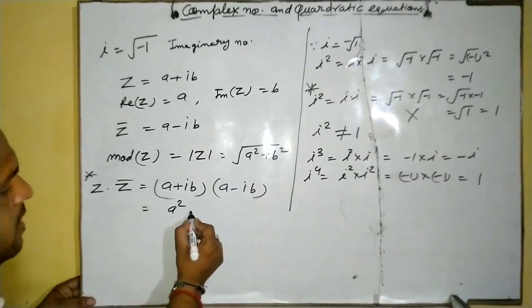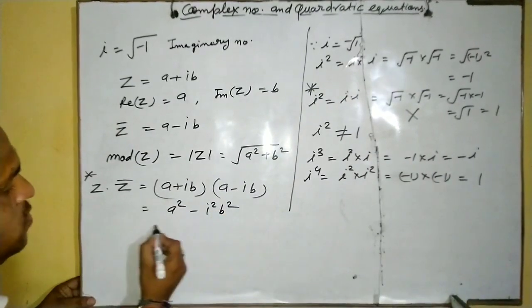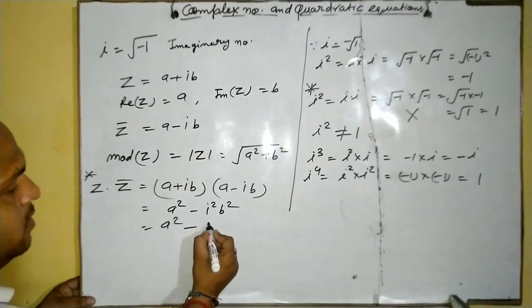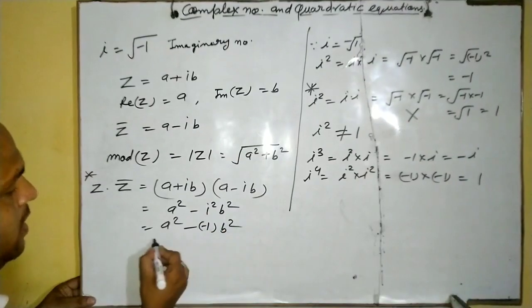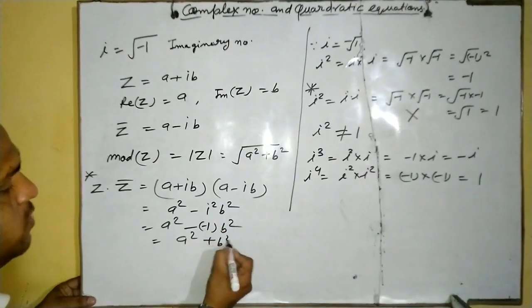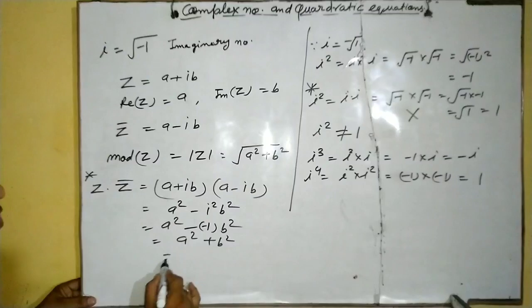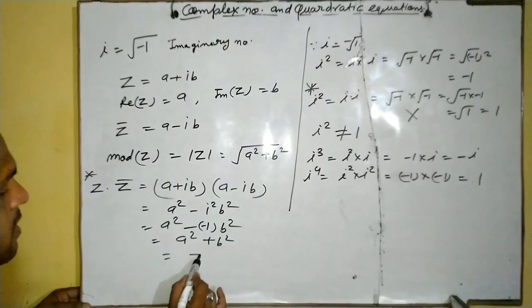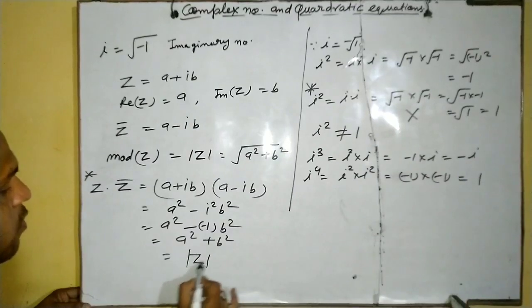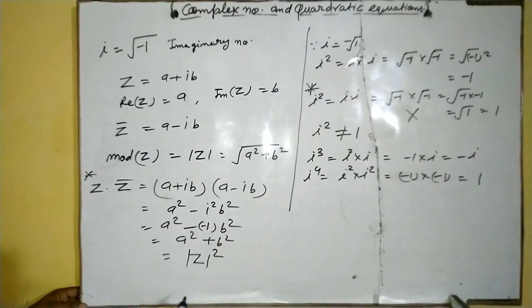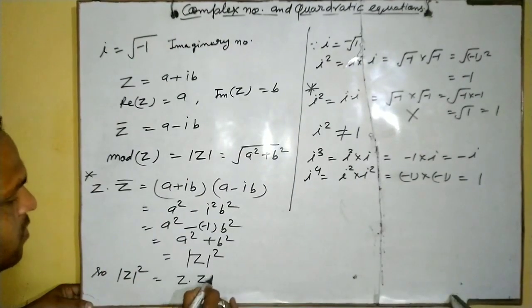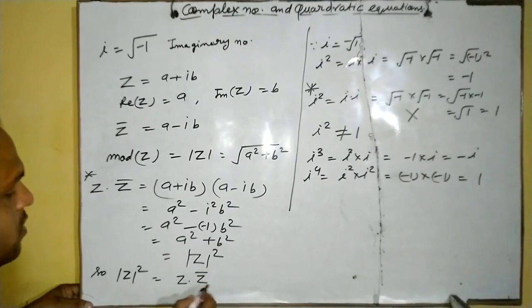So this will be a square minus i square b square, and i square is minus 1. So this is a square plus b square, and it is mod z whole square. So mod z whole square is equal to z into z bar.